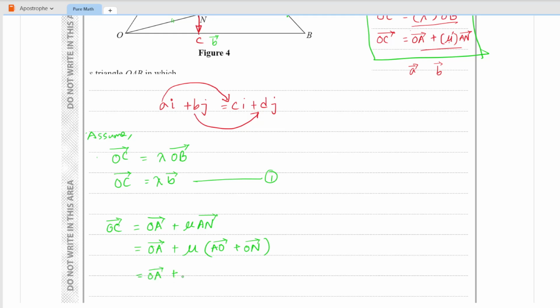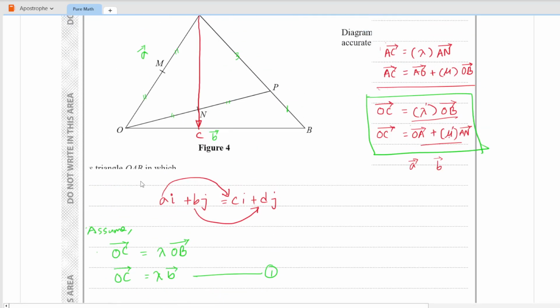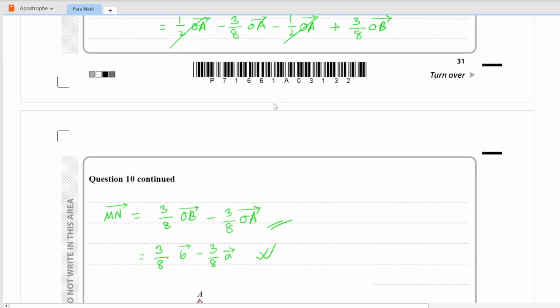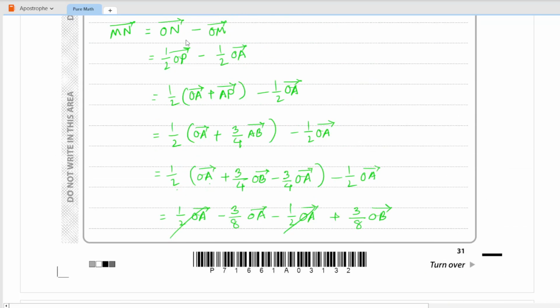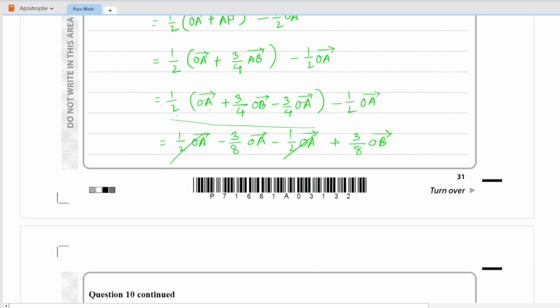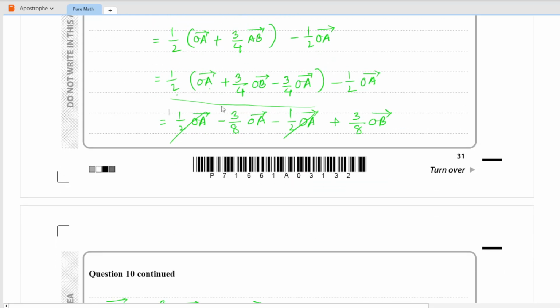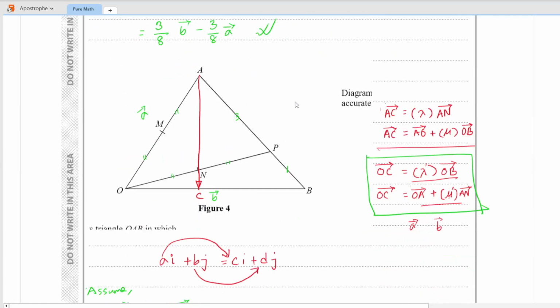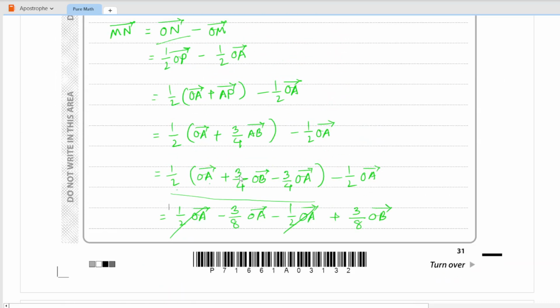OA plus mu, AO or negative OA, plus ON. ON is half of OP, which we calculated before, or we can take this part equals to this whole part. Okay, and at the end, this is the value of ON we had. So we can take this half into OA plus 3 over 4 OB minus OA.